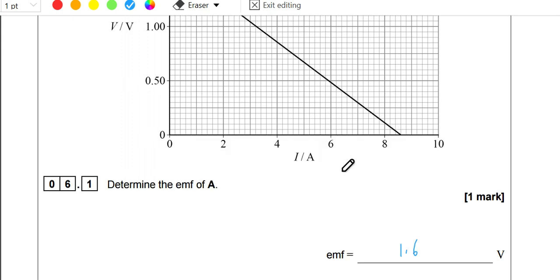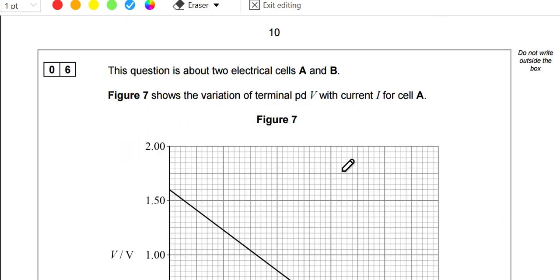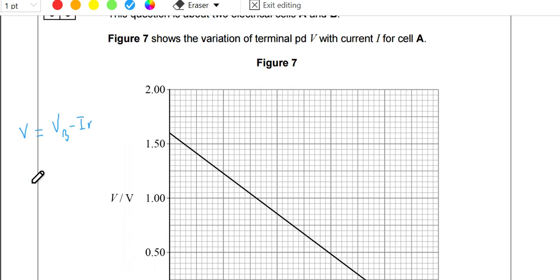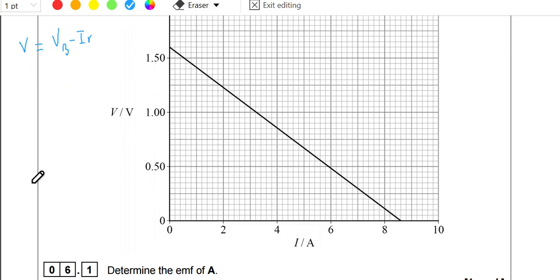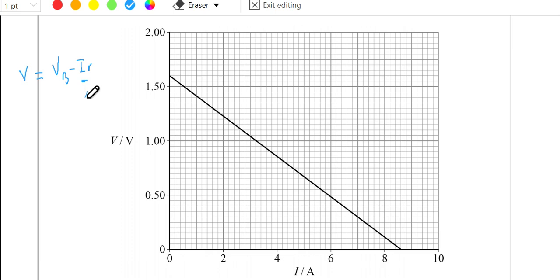We have the relation V_B minus IR equal to V. If we draw a relation between I as the x and V as the y, we have an intercept on the y-axis, which is V_B, the 1.6 volt, and the slope is minus R. The slope here is negative, and minus R is negative, so the value of R will be positive.